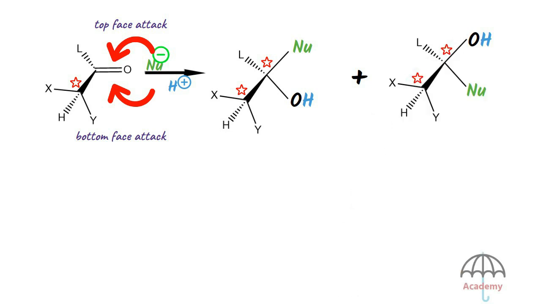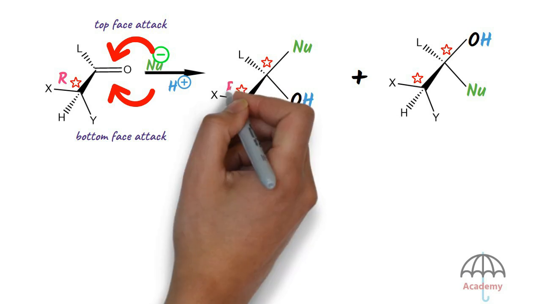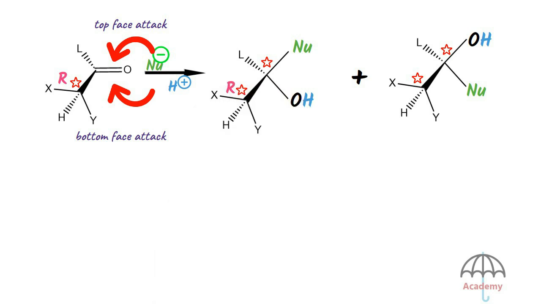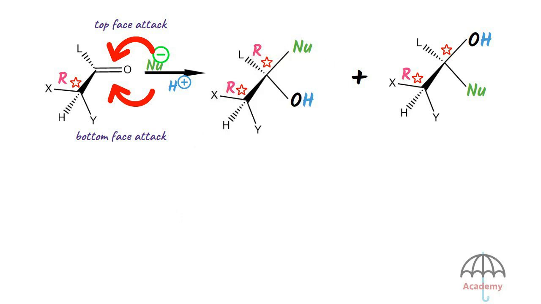Suppose that the original chiral center in the reactant has R configuration, then it will remain R in both the products. However, if the new chiral center generated in the top face approach has R configuration, then the bottom face approach will generate the new chiral center at the carbonyl carbon with S configuration.